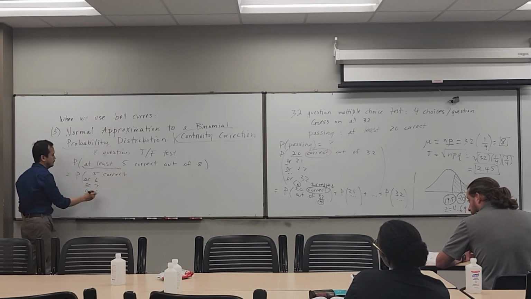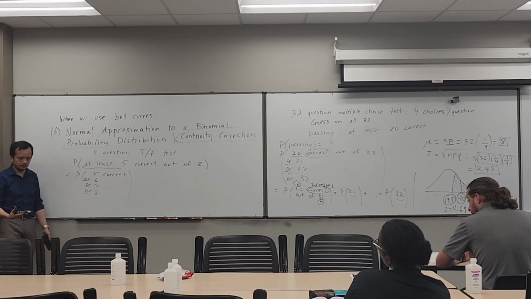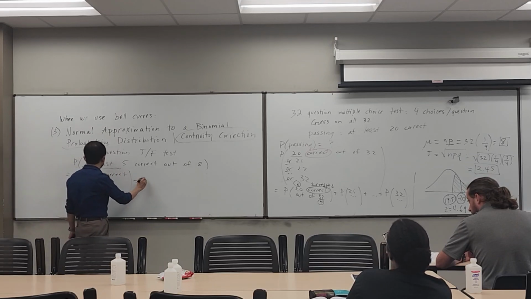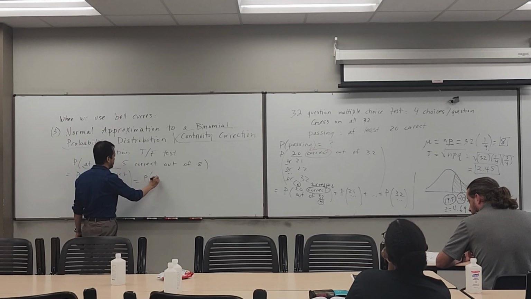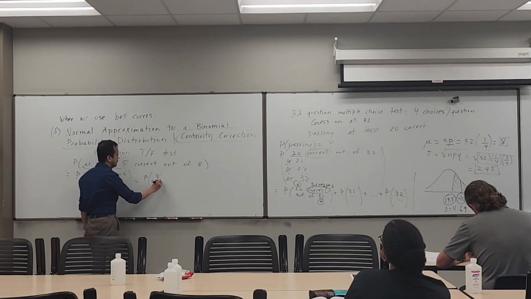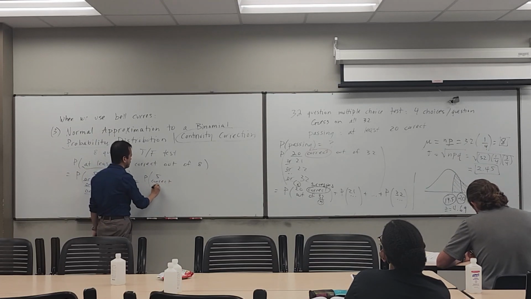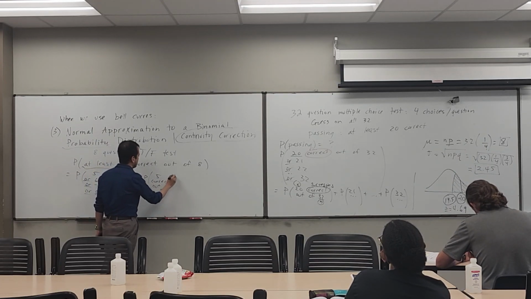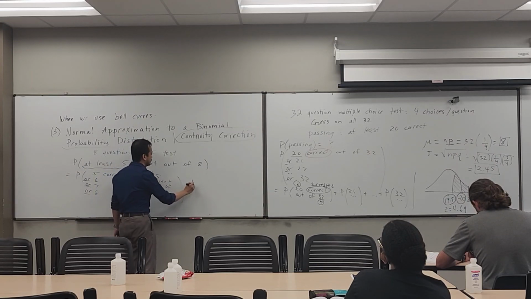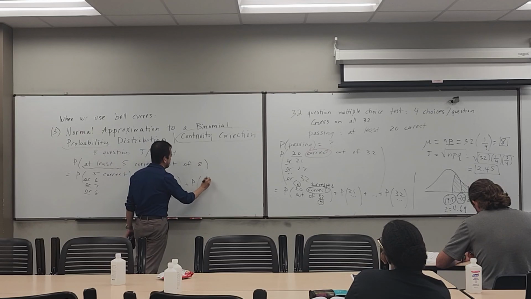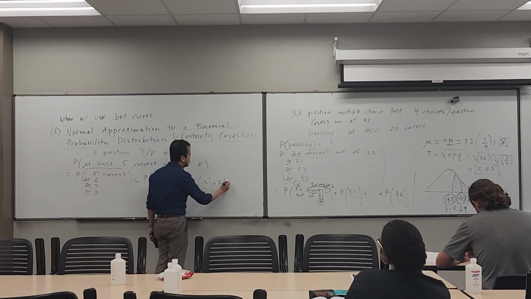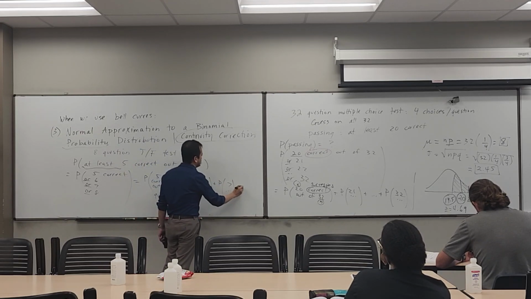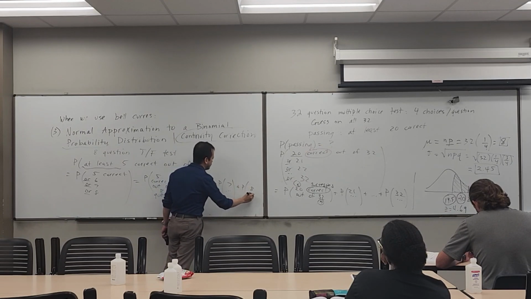So probability joined by or is going to be the addition rule, so this is the same as splitting this up into separate probabilities joined by addition. Plus probability of 6, plus 7, plus 8.